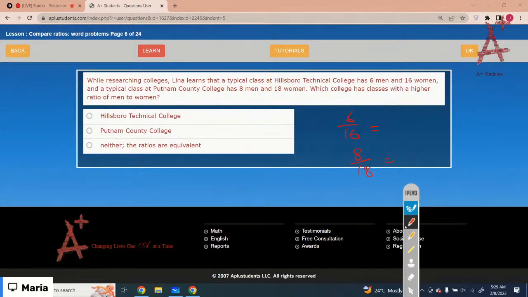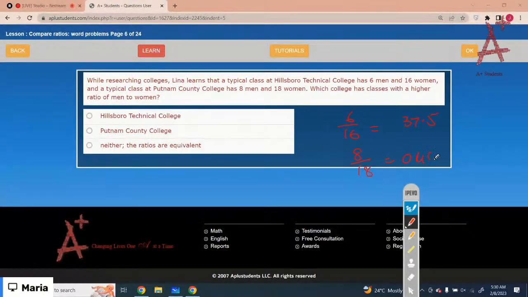So 6 over 16 is 0.375, and 0.375 times 100 equals 37.5. Got it? And then 8 over 18 is 0.44.